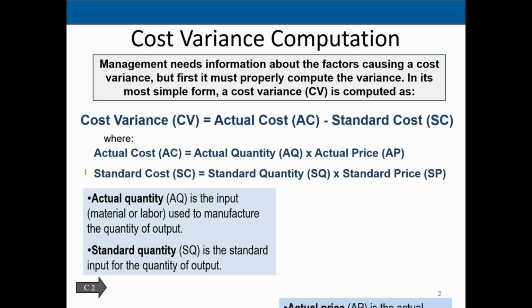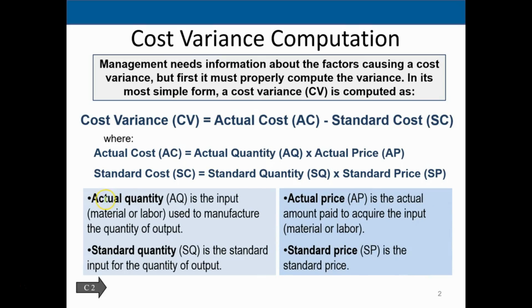The actual quantity is going to be abbreviated AQ, is the input material or labor used to manufacture the quantity of output. The standard quantity, SQ, is the standard input for the quantity of output. And then the actual price, AP, is the actual amount paid to acquire the input versus the standard price, SP, the budgeted price.